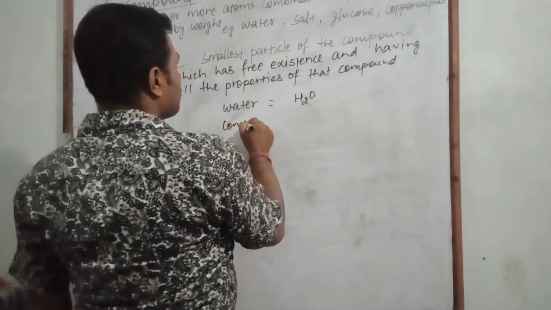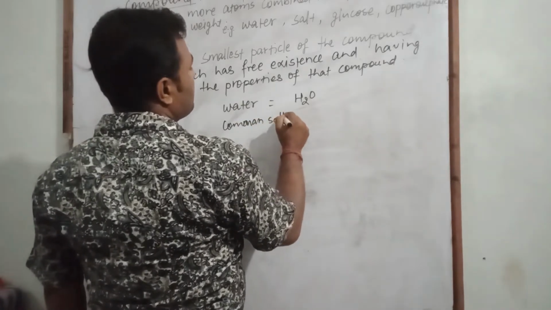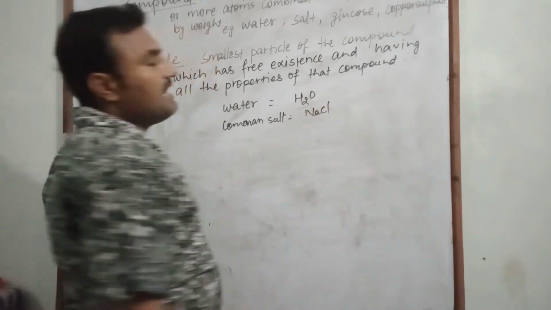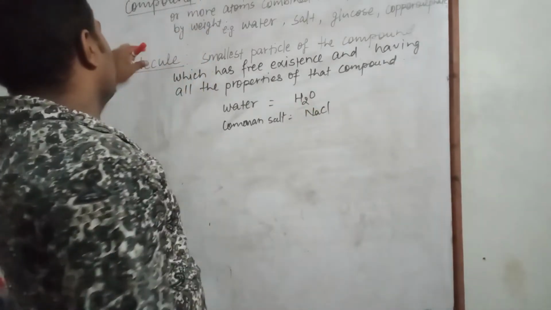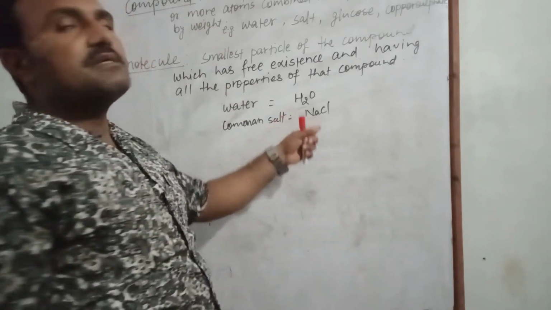Common salt is a compound and its simplest molecule is represented by NaCl. It means the molecule of a compound is represented by symbols.